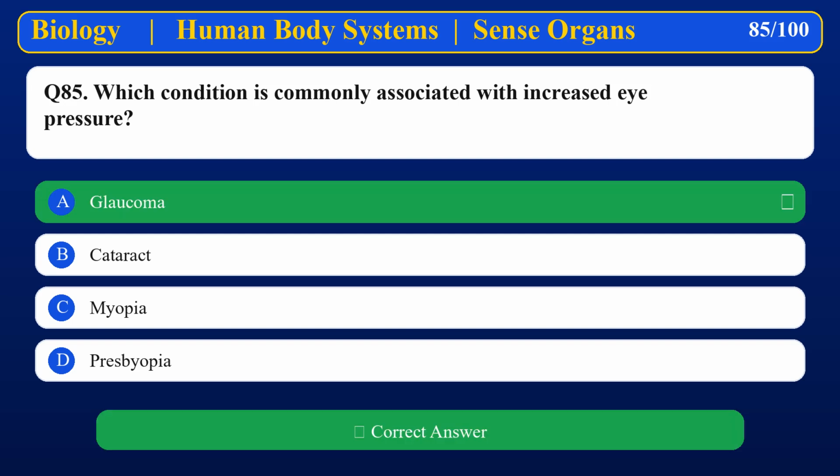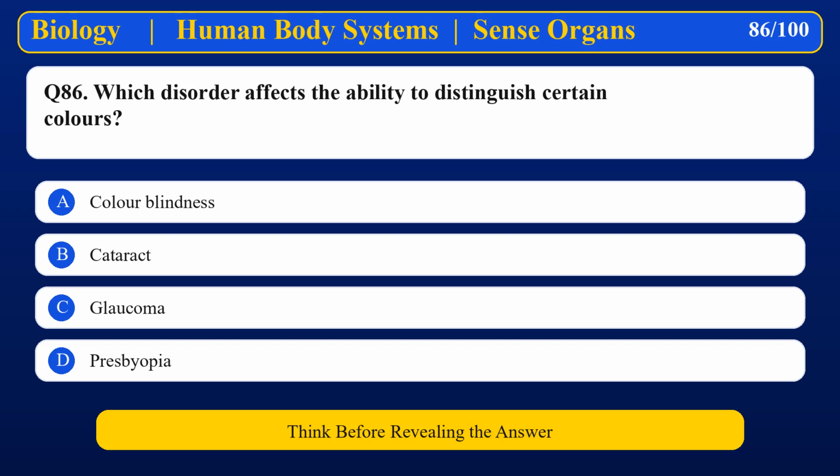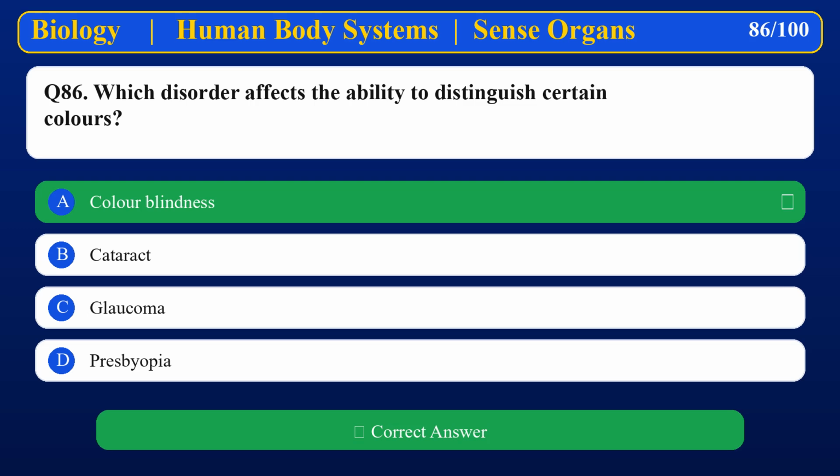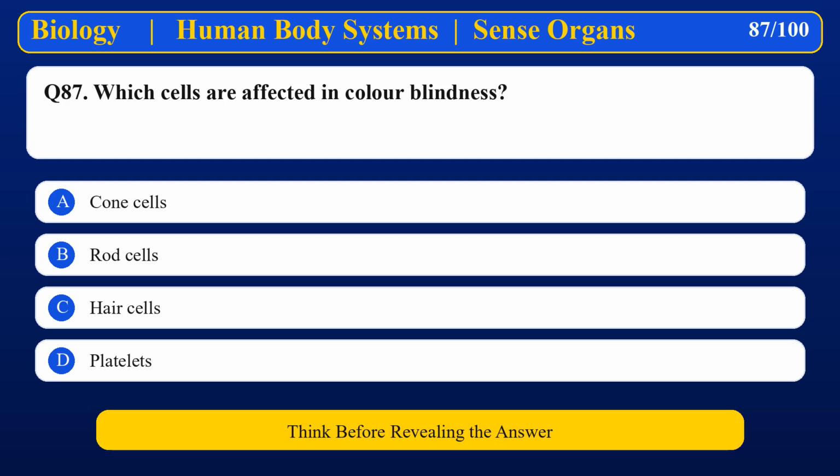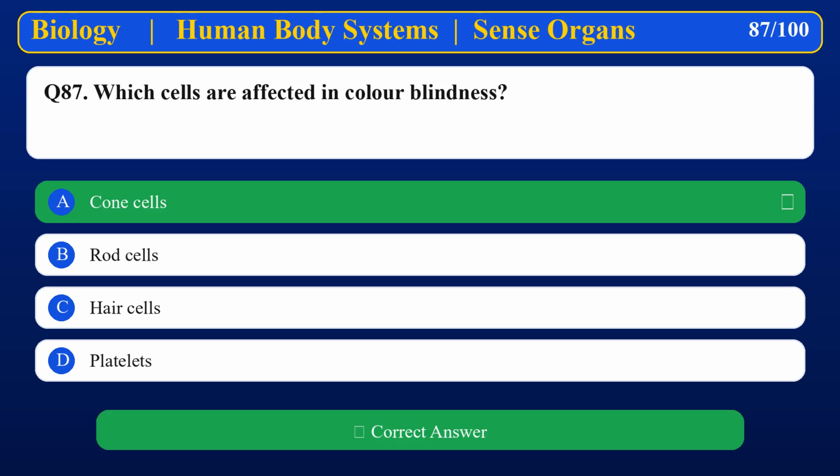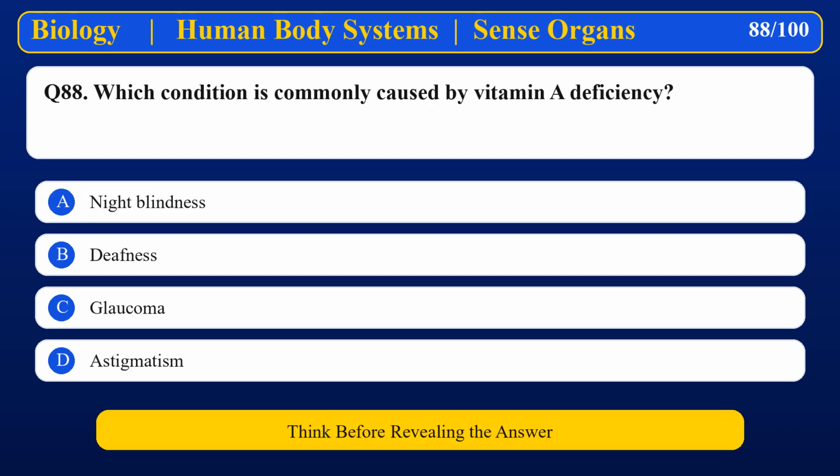Glaucoma. Which disorder affects the ability to distinguish certain colors? Color blindness. Which cells are affected in color blindness? Cone cells. Which condition is commonly caused by vitamin A deficiency?